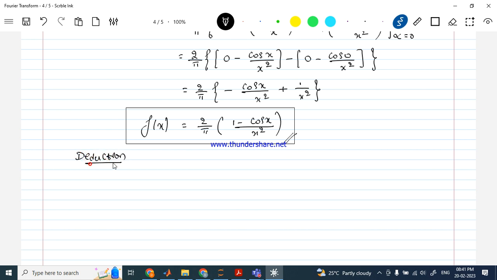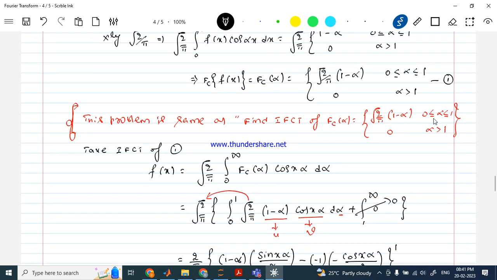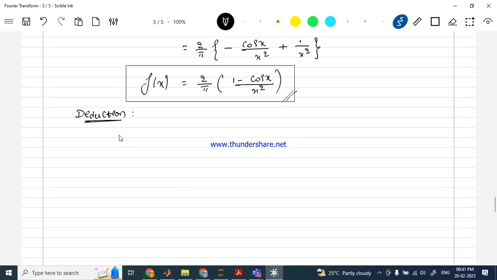See what should be done for the deduction. For deduction, I should start from substituting that in equation number 1, or use this f of x in the given equation. Let me do that. So what do we get?